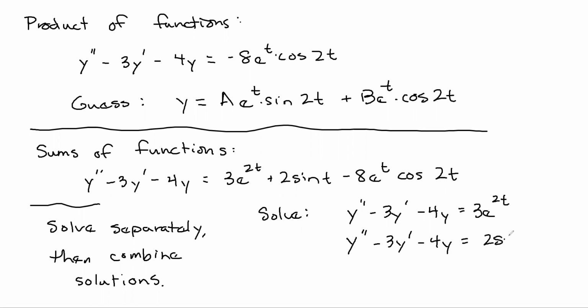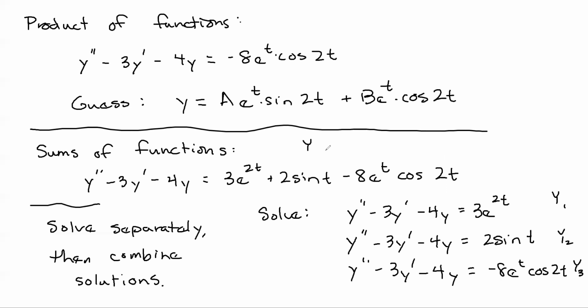2 sine t. Then when you're done with that one, do y double prime minus 3y prime minus 4y equals negative 8 e to the t cosine 2t. Solve this one, you'll get y1. Solve this one, you get y2. Solve this one, you get y3. Then the solution that will work for all of these will be capital Y equals y1 plus y2 plus y3.